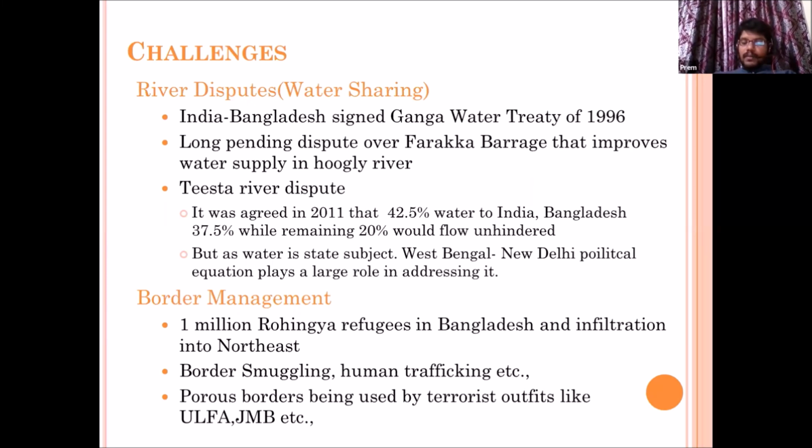Right now, Bangladesh is hosting about 10 lakh Rohingya refugees. So this refugee issue is also important for India. If India doesn't control or support Bangladesh in hosting those refugees, tomorrow those refugees will also come into India. That will be a huge burden for India. So border management and Rohingya issue settlement is also a very important issue or challenge between India and Bangladesh.